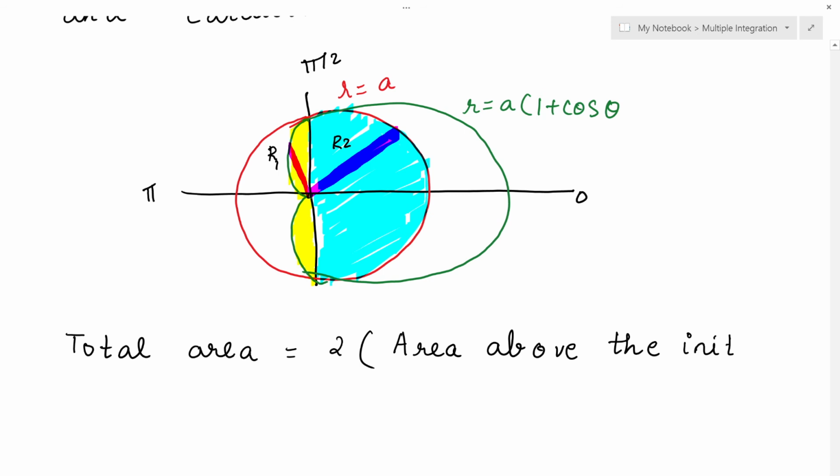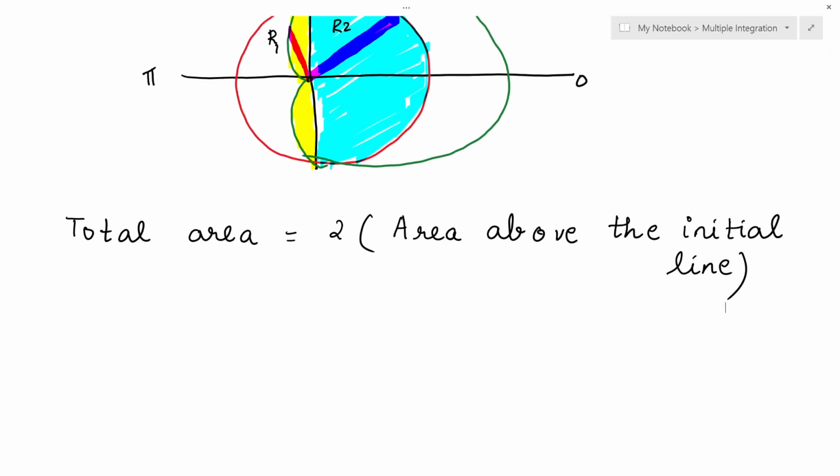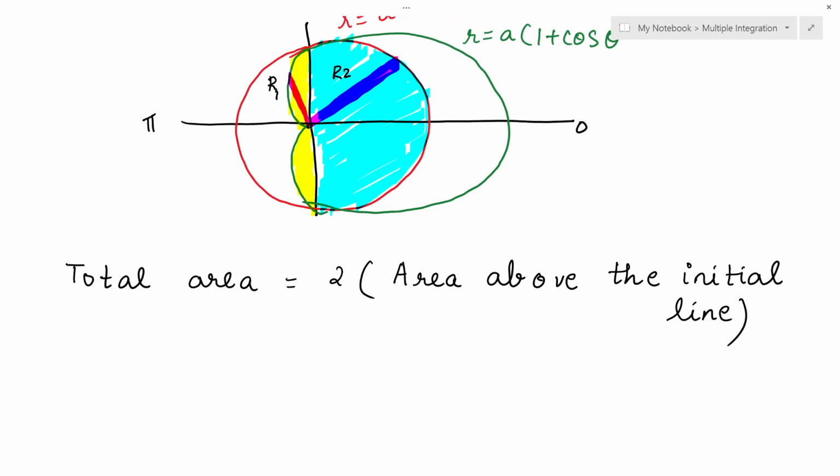We have seen this: the initial line in polar form is your x-axis. So the total area will be 2 into R1 plus R2. My region 1 and my region 2 I have to add and find the area, right?